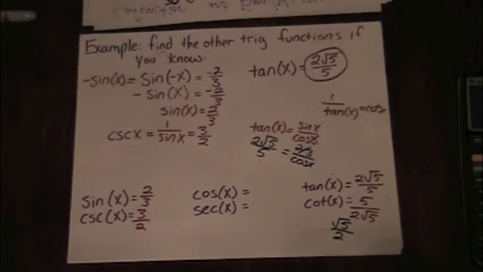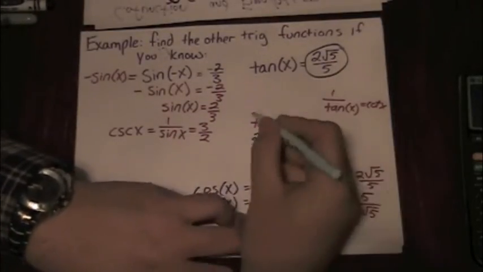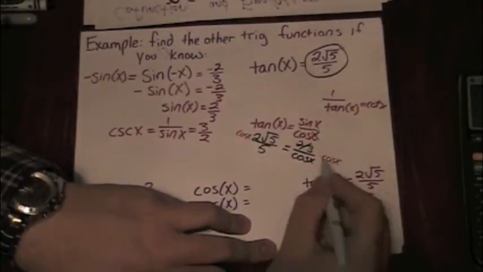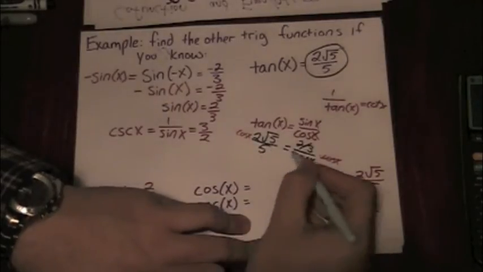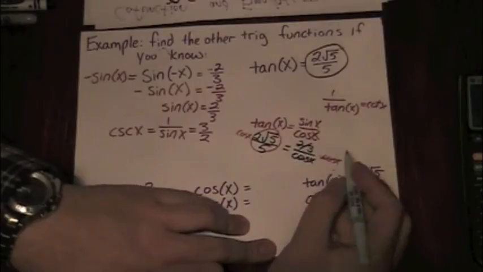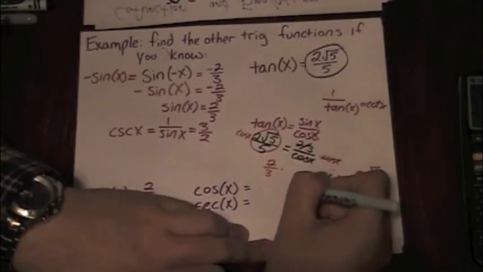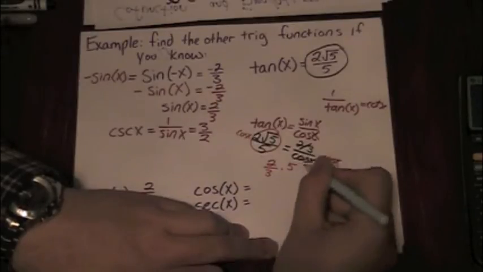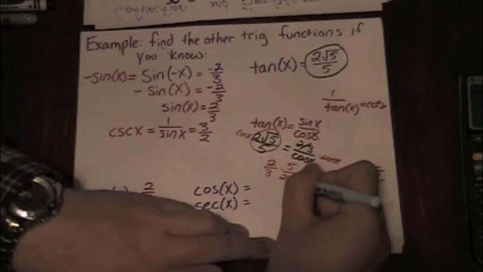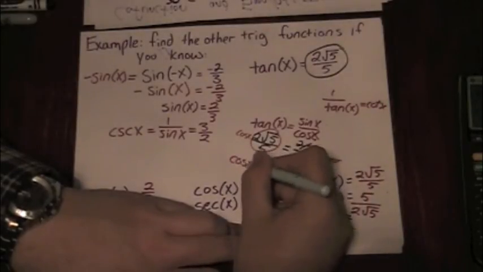With a little bit of algebraic manipulation, multiplying both sides by cosine of x, and then dividing both sides by 2 square roots of 5 over 5, I get 2 over 3 times 5 over 2 square roots of 5 equals cosine x.